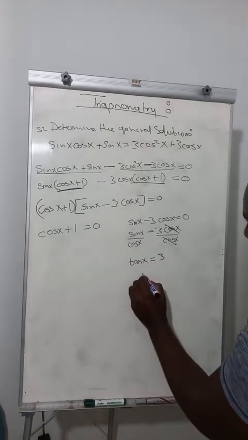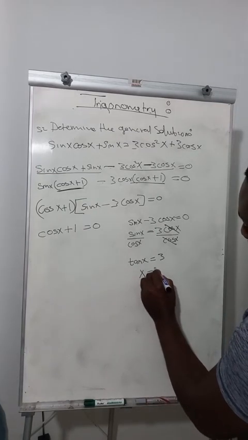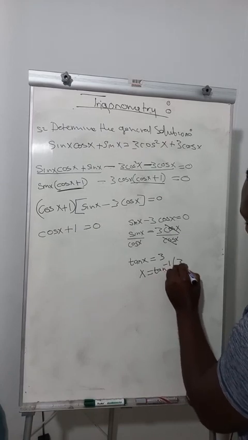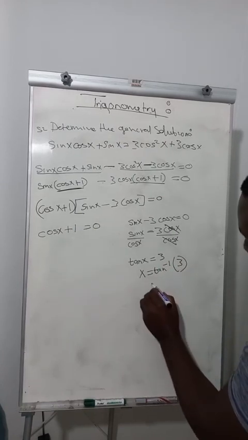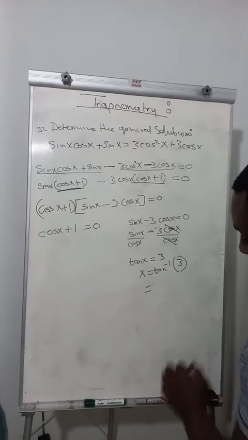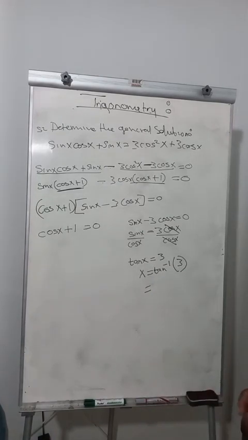Now it means my x will be equal to tan inverse of 3. Let me get my calculator.